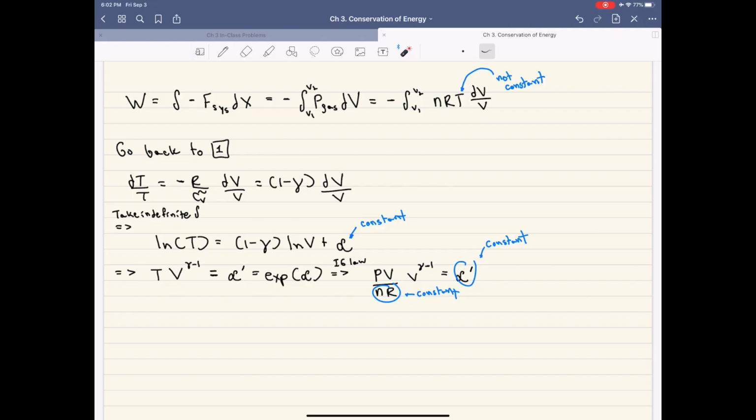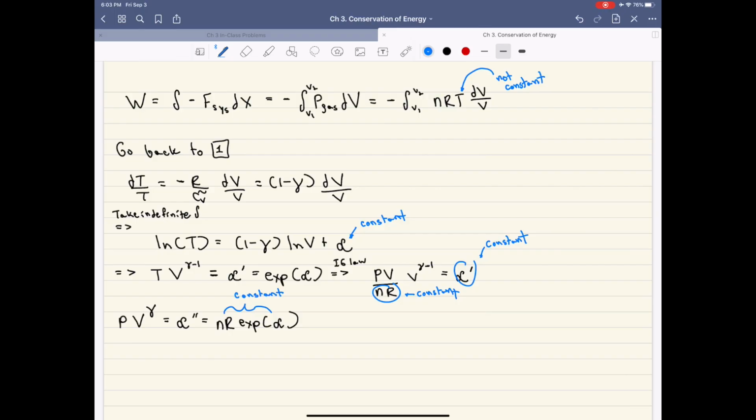Since I have these two volumes here, I'm just going to multiply them together. What I end up with on the left-hand side is pressure times volume raised to the gamma is equal to alpha double prime, which is just nR times the exponential of the original alpha. All these things are constants, so I emphasize that again: constant.